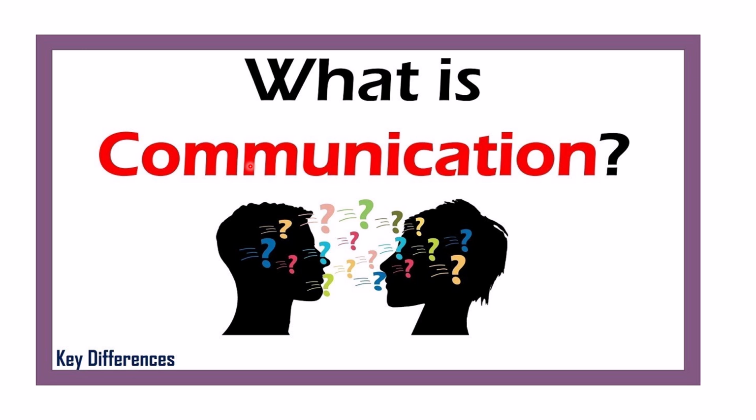The communication involves the transmission of ideas or feelings from one person, that is the sender, to another person or another group, that is the receiver. So here we see a sender and a receiver in the communication process. And also let's see what are the types of communication. There are verbal and non-verbal communication.